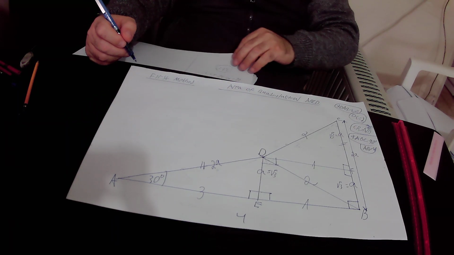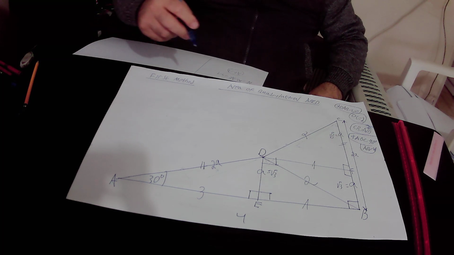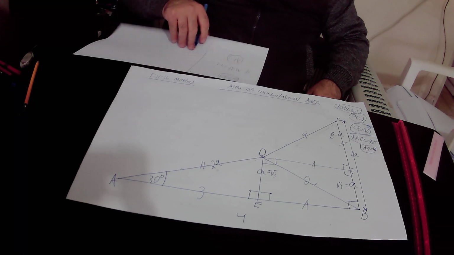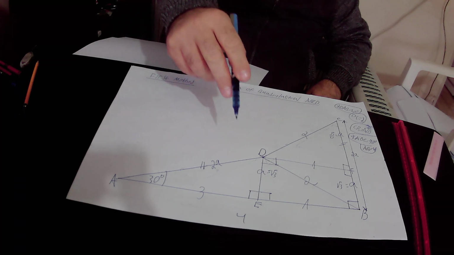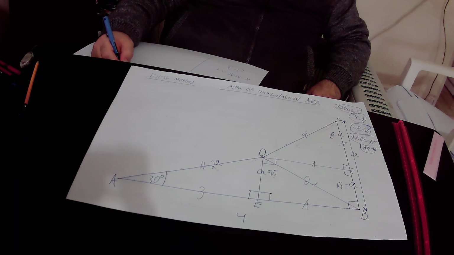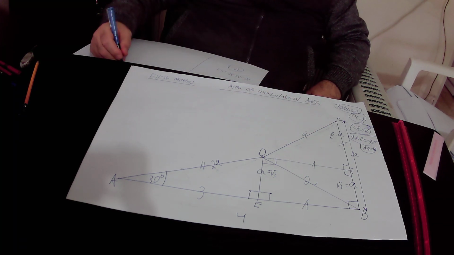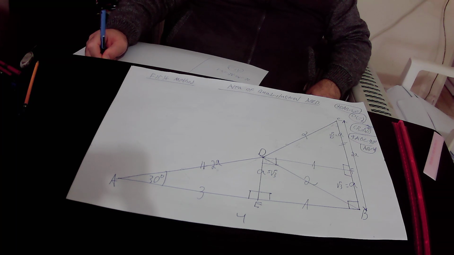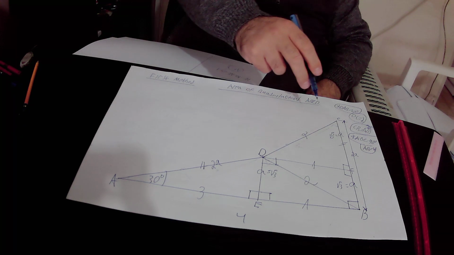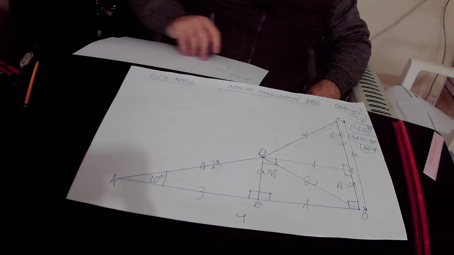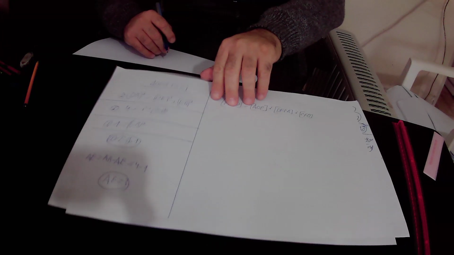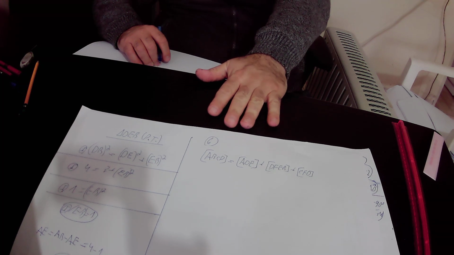Now it is very easy to find the area of quadrilateral ABCD, because the area of quadrilateral ABCD will be equal to the area of the right triangle ADE, plus the area of rectangle DFEB, plus the area of the right triangle CFD.